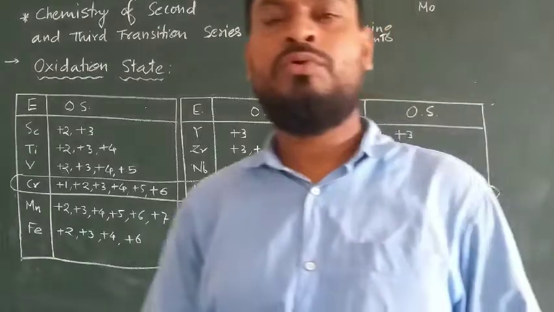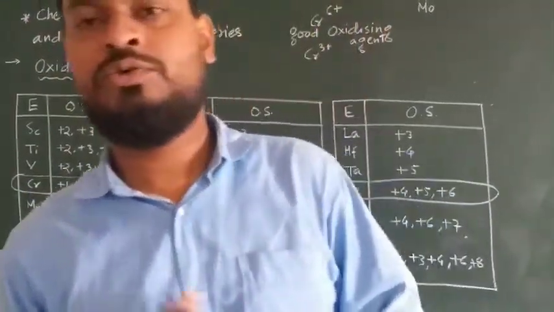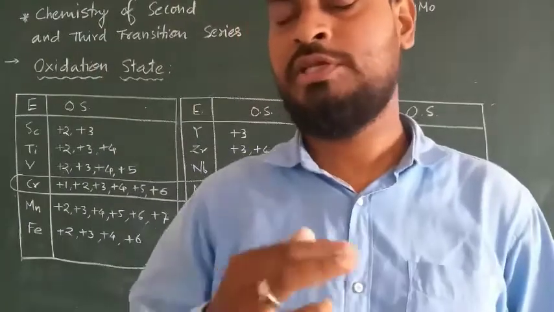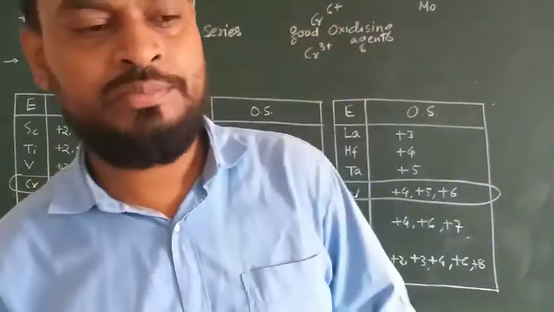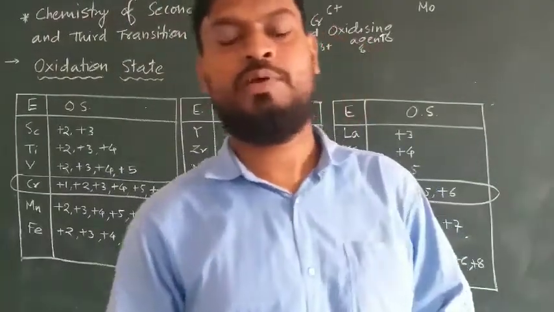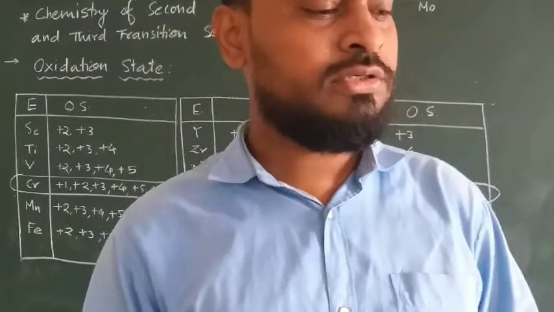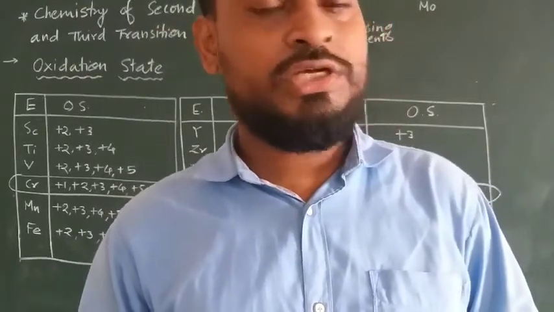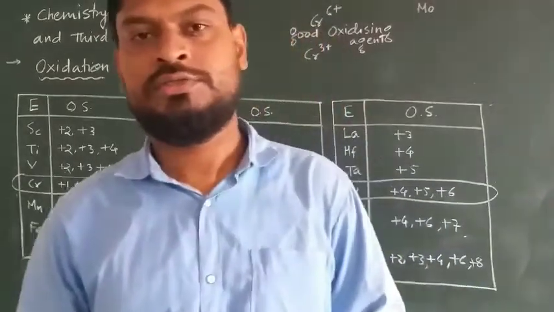Chromium is a good oxidizing agent because it easily gets reduced into the +3 oxidation state, but that is not possible with molybdenum and tungsten. So this was about the oxidation states of second and third transition series elements.